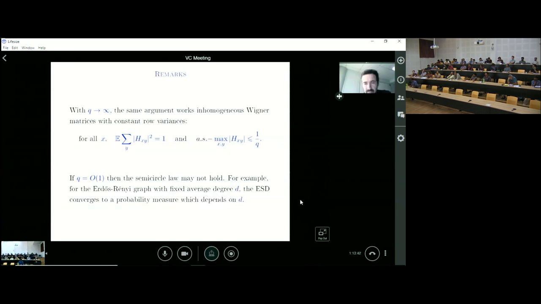If q does not go to infinity, the semicircular law may not hold. For example, consider the Erdős-Rényi graph with average degree d, where d is the square root of q in this case. Then the spectral measure converges to a probability measure which depends on d. So there is no universal law in the sparsity regime where the average number of non-zero entries is of order 1.